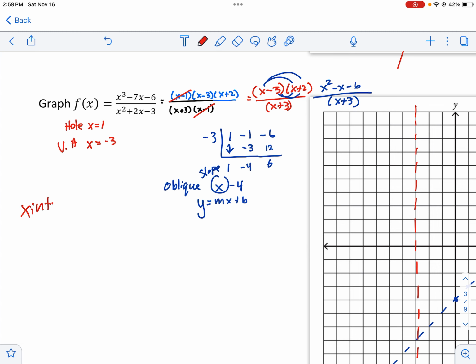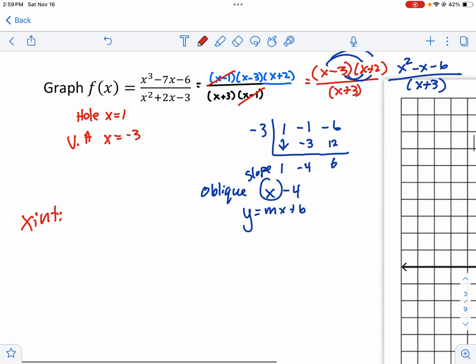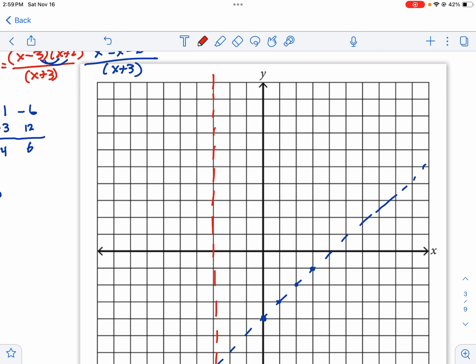X-intercept is, so again, you're using the top. X minus 3 equals 0. I'm getting that from here. And x plus 2 equals 0. So x equals 3. X equals negative 2. 3, negative 2.